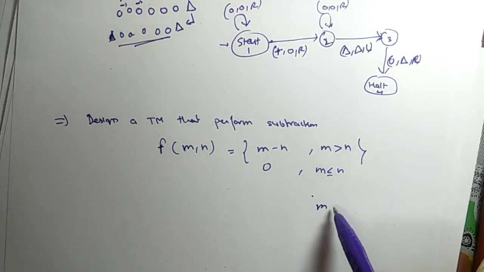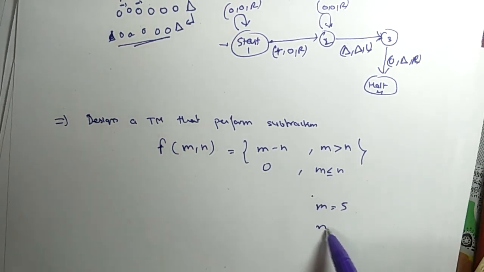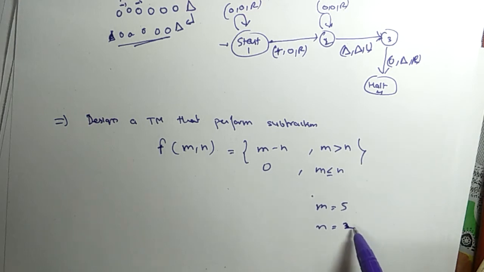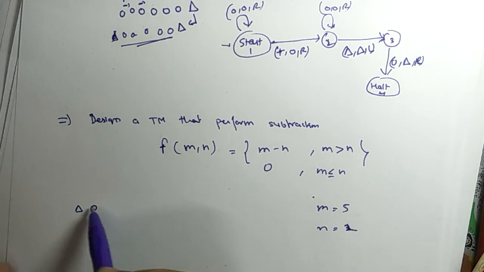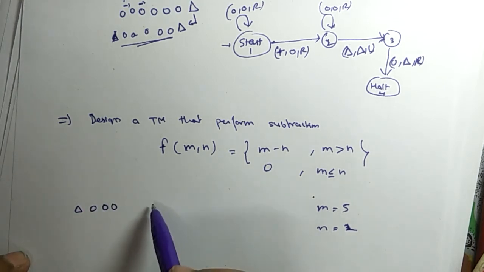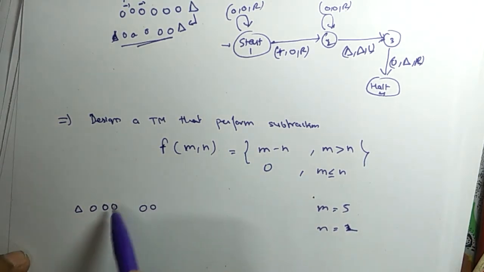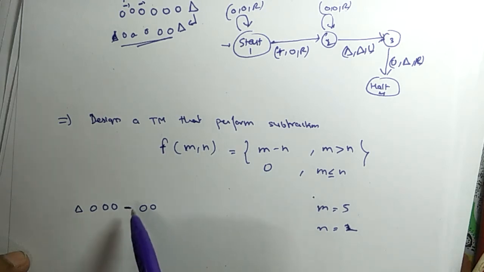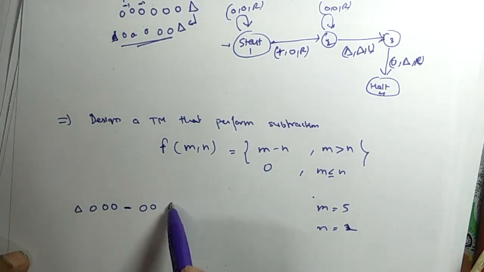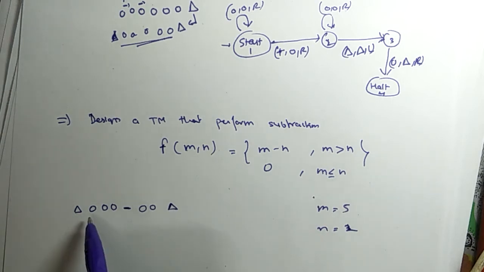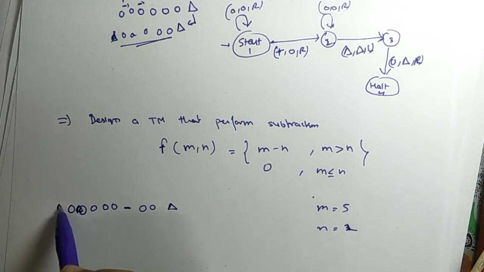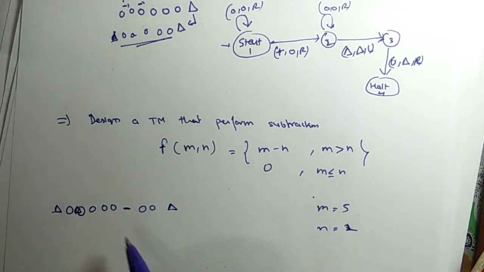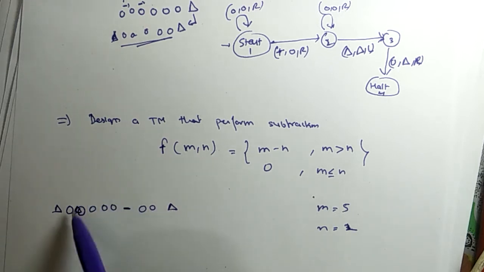Suppose m is 5 and n is 2. So we have m, we have n, and they are separated by a separator we took as the minus symbol. So it is 5 zeros, minus, 2 zeros. What will be the result? 5 minus 2 is equal to 3. So this is the bigger number.